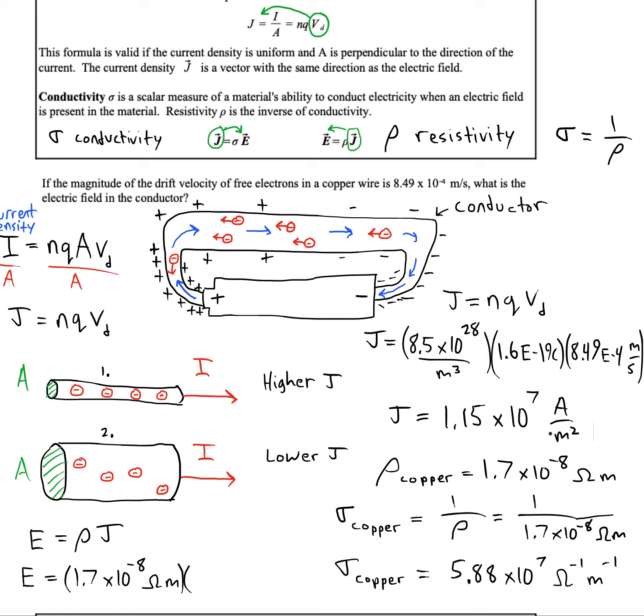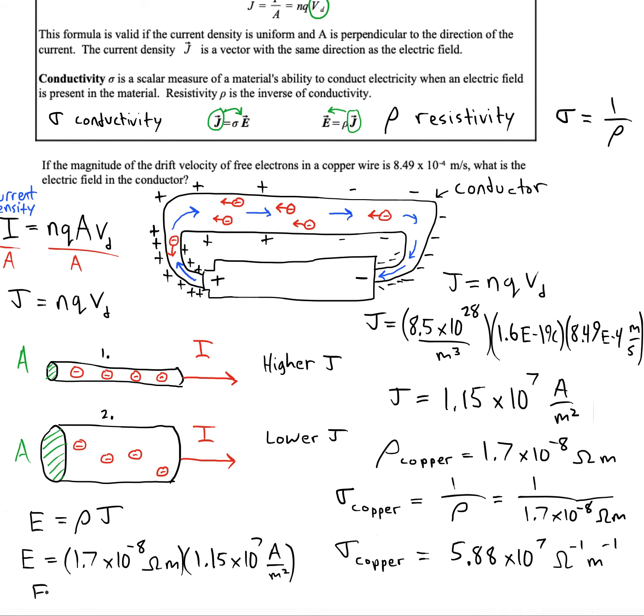And let's plug in the current density that we had discovered before. The electric field inside this wire must be 0.196 volts per meter. The electric field causes current to flow in a wire that's conducting electricity.